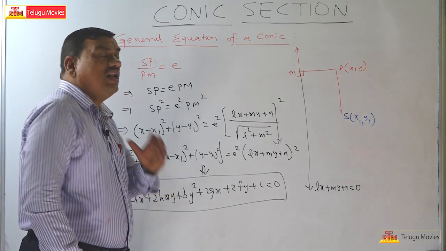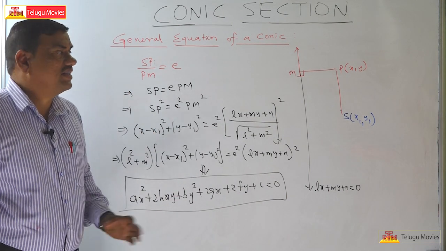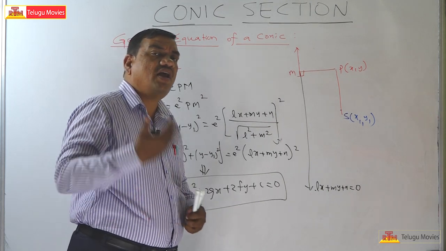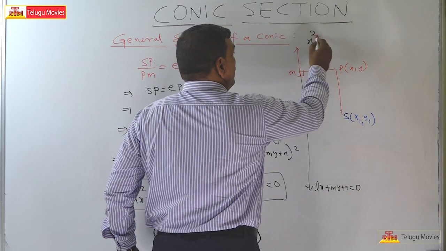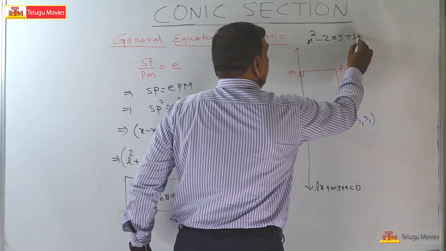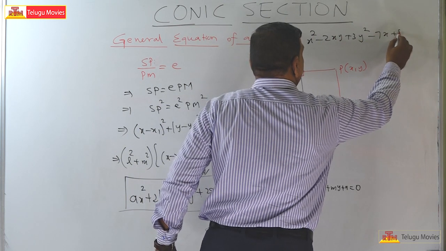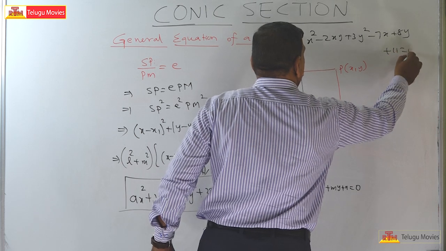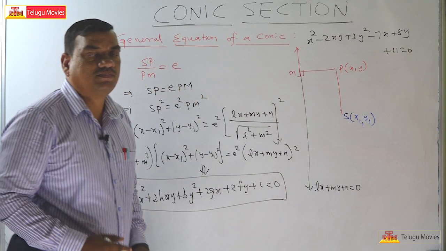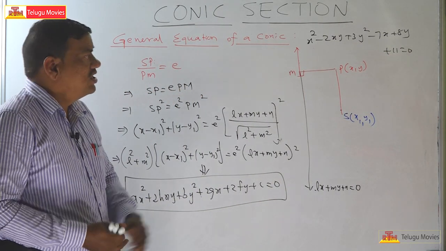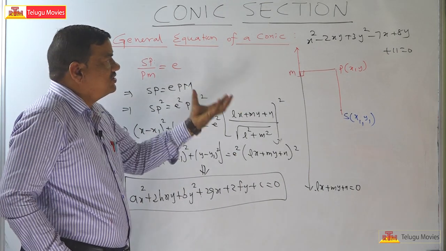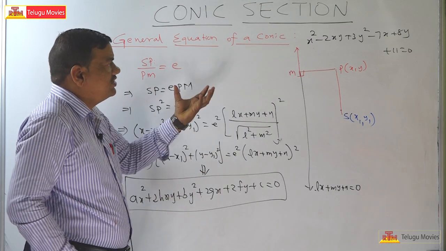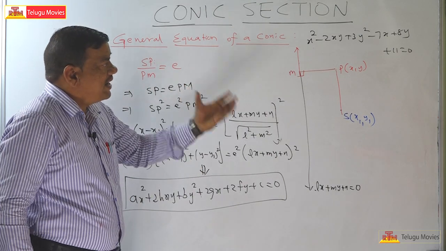Okay, now, how to recognize a conic? That means if you are given any second degree equation, for example, 2x square minus 2xy plus 3y square minus 7x plus 8y plus 11 is equal to 0, it is a general second degree equation. Then how to say that this is the equation of a parabola, a hyperbola, or an ellipse?